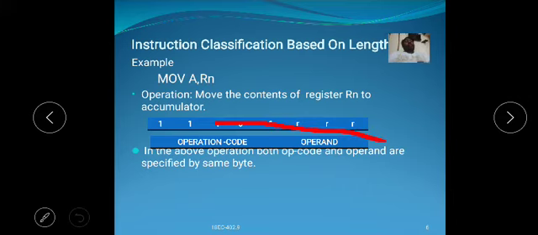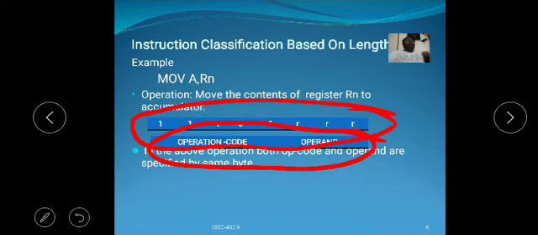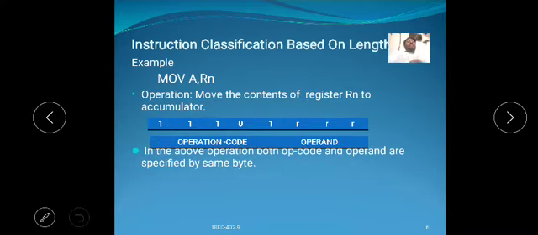When both the opcode and operand are specified in the same byte, it is called a 1 byte instruction.